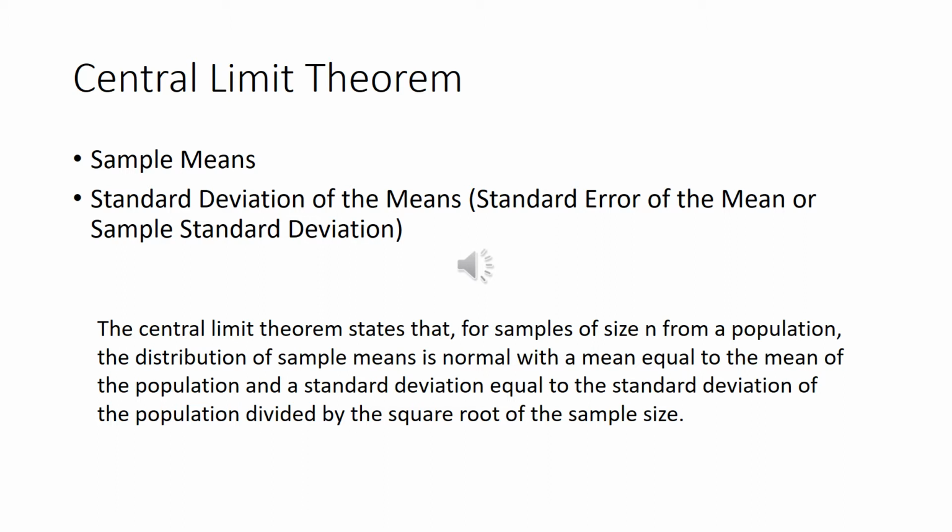I've not seen one. The distribution of the sample means is normal. So in other words, we're making a normal curve no matter what the population distribution looks like, with the mean equal to the mean of the population, in other words, the average of the averages, if that makes sense. And the standard deviation, like we said, is the population standard deviation divided by the square root of the sample size.